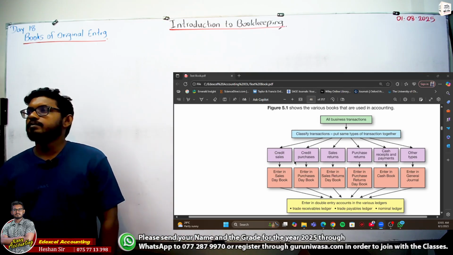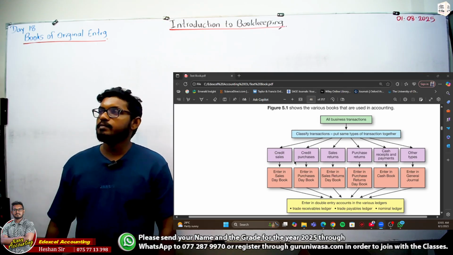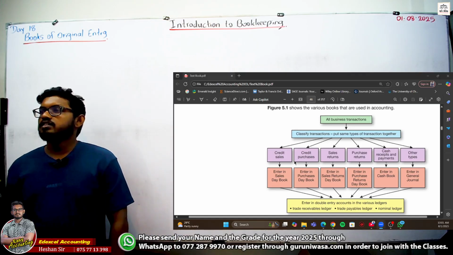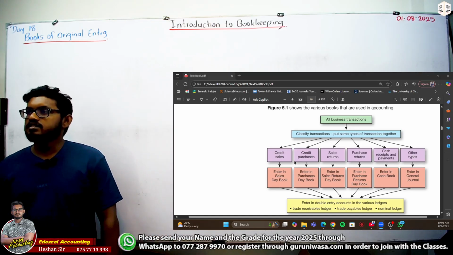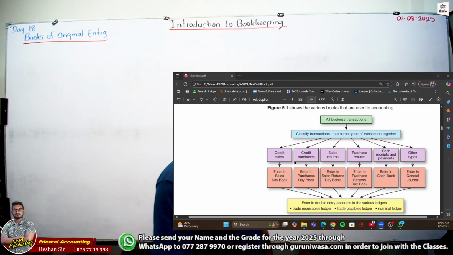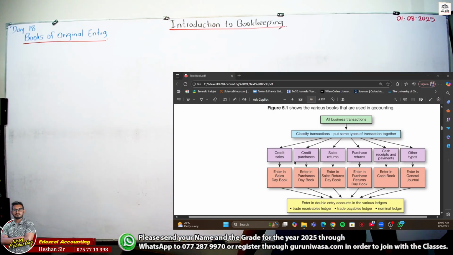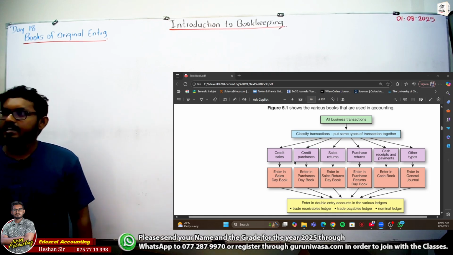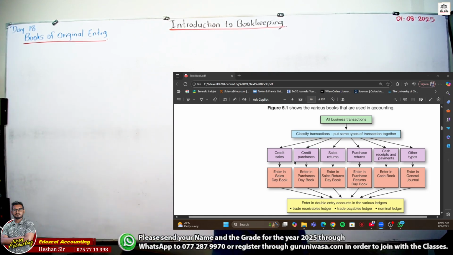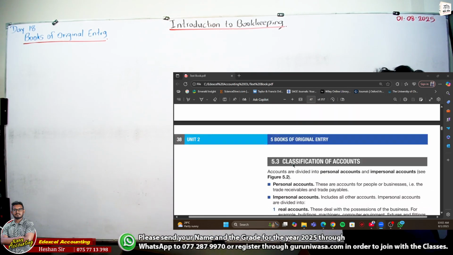Cash receipts and payments are entered in the cash book. Other payments are entered in the general journal, right? Then they are entered in double entry accounts in the various ledgers. I'll explain the ledger so you can have a clear idea. Still, you know only about the nominal ledger, general ledger, or the ledger. But we categorize later as trade receivables, trade payables, in a future chapter, right?